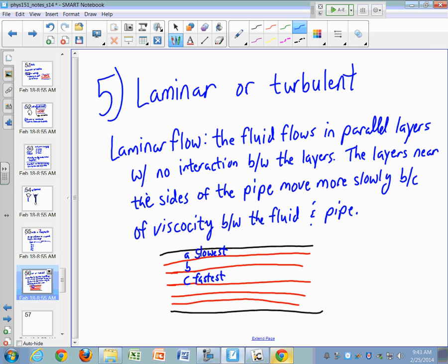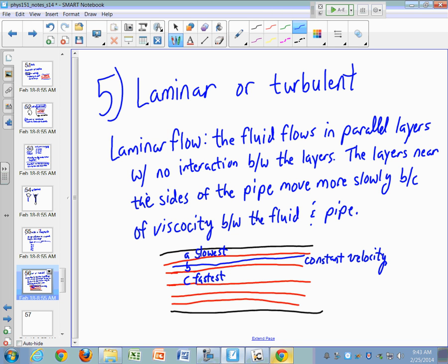Also, within this parallel section, we have a constant velocity, or a constant flow rate. That's laminar flow. It's broken up into these parallel sections that all travel at the same velocity.